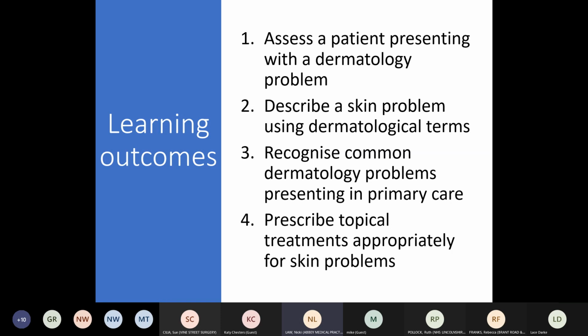Right, I think there's just another question on the chat. What are your thoughts about using calcineurin inhibitors if the steroid isn't working?